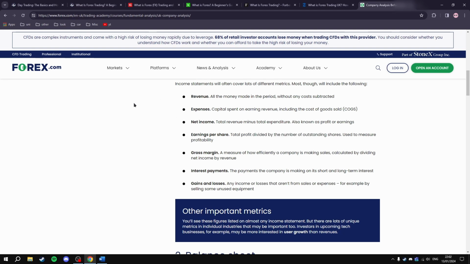So for example, if a share is £10 and total profit is £100, and there are 5 outstanding shares, then 100 divided by 5 is 20. So £20 earnings per share.